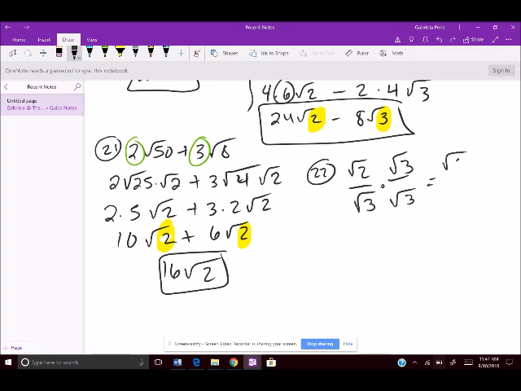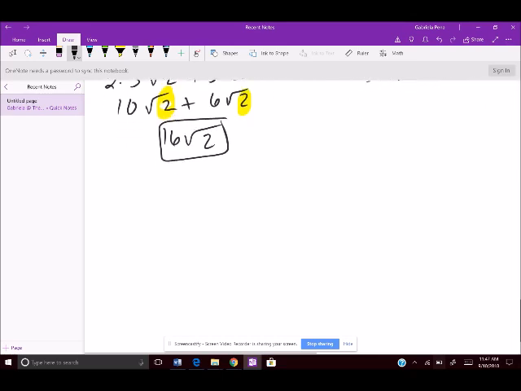Square root of what? 6. Square root of 3 times the square root of 3 is? Square root of 9. Can I take the square root of 9? Yes. What is it? 3. So this should be your final answer. I could tell you there is going to be one like 22 and one like 23 on your test. So just remember, if it says rationalize, that's what you have to do.